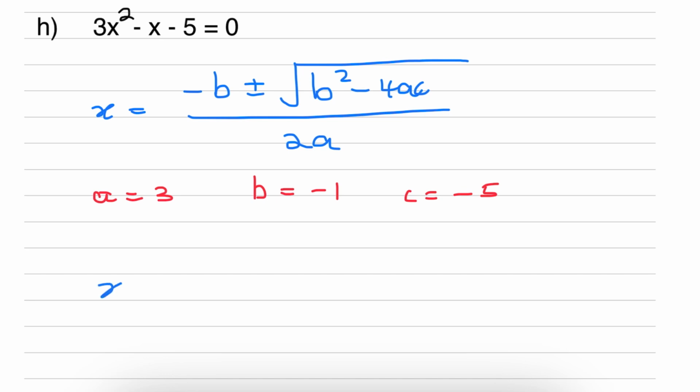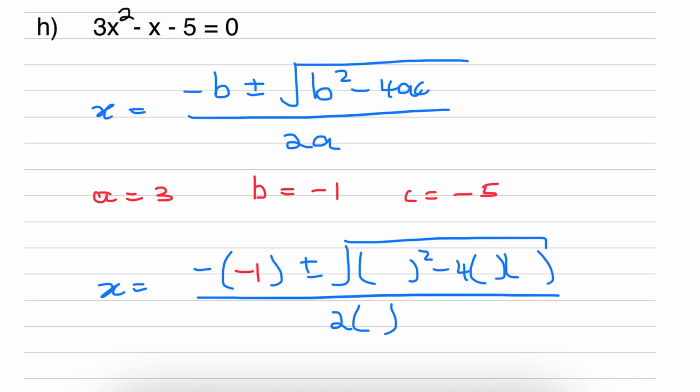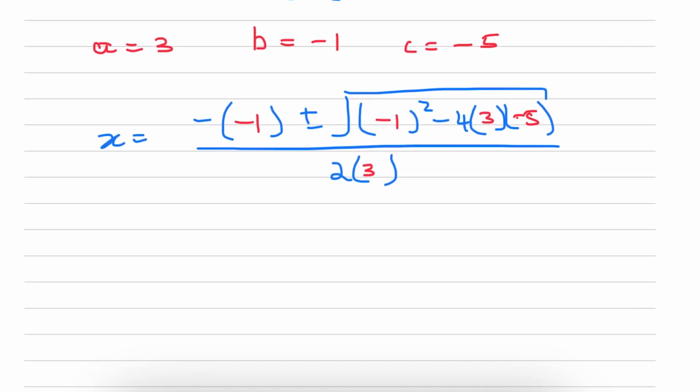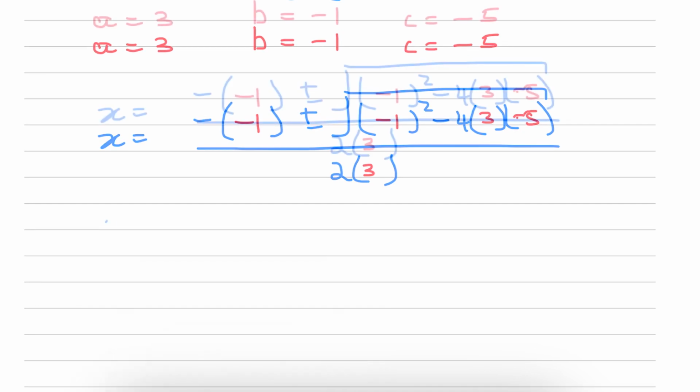Okay, we'll say x is equal to negative, I'm just going to put in all the brackets over here. And now I'm going to go ahead and substitute our values inside each of the brackets. So negative 1 is replaced with b, and 3 is replaced with a, and negative 5 is replaced with c's value.